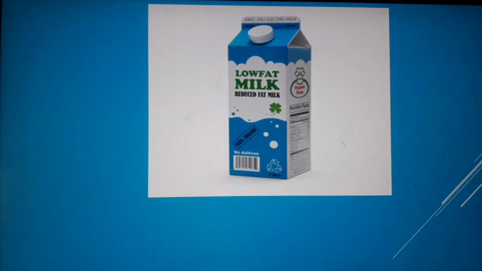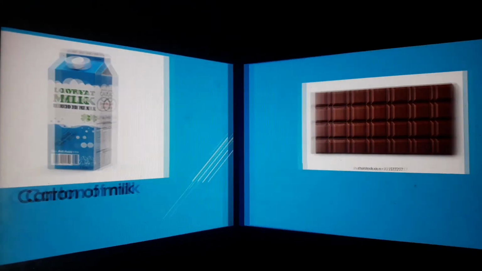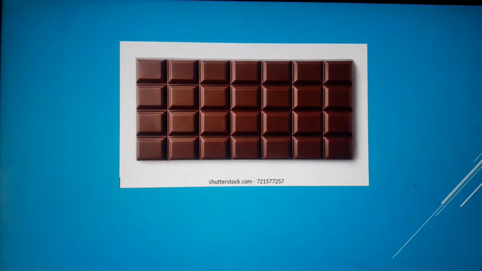Here is a milk packet. How can you say it in collective noun? Carton of milk. Carton of milk. Well, we'll go to the next one. What a delicious chocolate. So how can you say this?